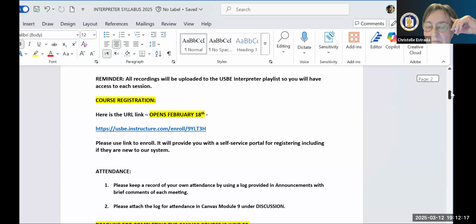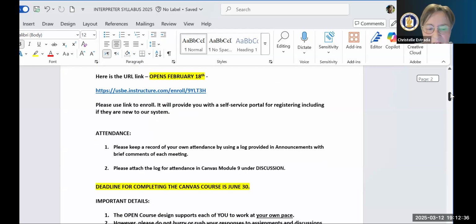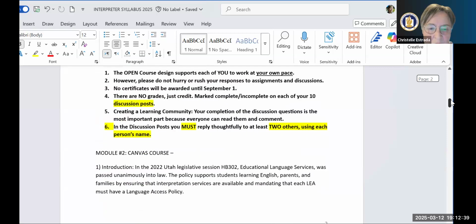Asked the question about, well, it's not showing up in my Davis Canvas system. Well, it's not going to show up in anybody's district Canvas system because it's in the USBE Canvas system. So this gives you access to register for USBE, and that's how you get access to the course.